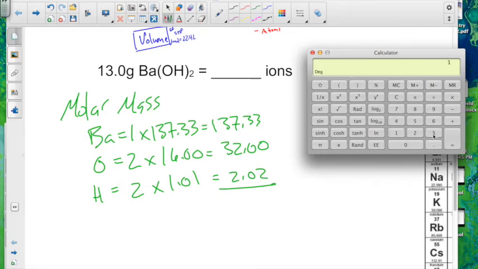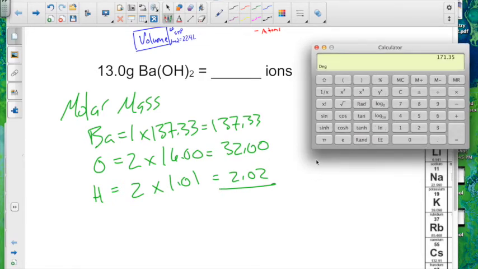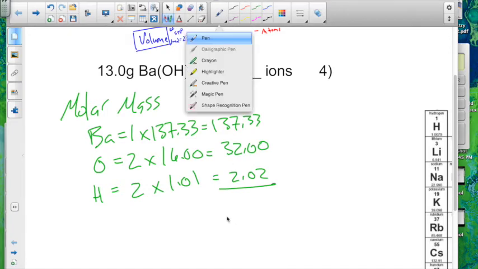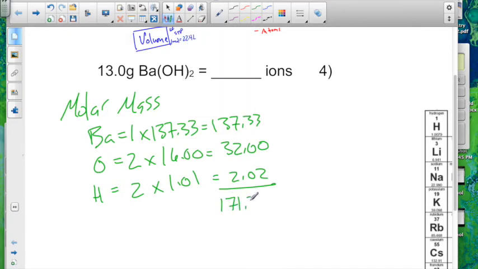What did I do? This is showing just how careful you really have to be when you're adding up your molar masses, right? So I goofed, but it's a good goof to show you exactly what went wrong. So now we have 171.35 grams per mole. Okay?